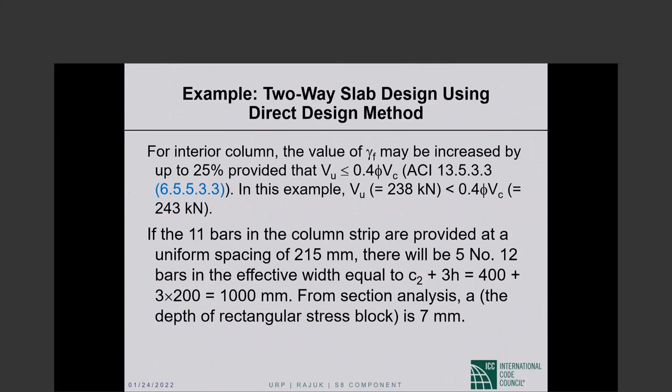There will be 5 number 12 bars in the effective width equal to 1000 millimeters. You see what I'm saying? That will indicate that we have 5 bars within the moment transfer band, which has a width of 1000 millimeters. Okay.